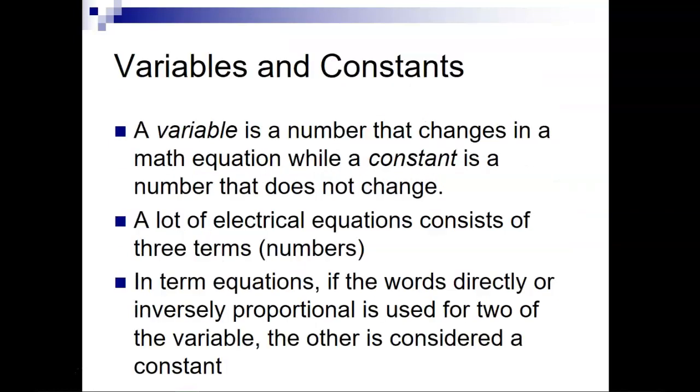All right. So variables and constants: a lot of electrical equations consist of three terms. If the words directly or inversely proportional are used for two of the variables, the other one is considered a constant.